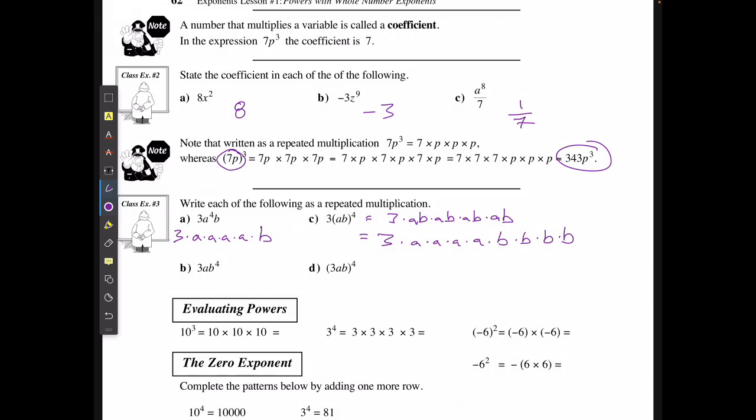For example B, this is just 3 times a times 4 b's, and for example D, this would be 3ab times 3ab times 3ab times 3ab, which is actually the same as 4 3's, 4 a's, and 4 b's.